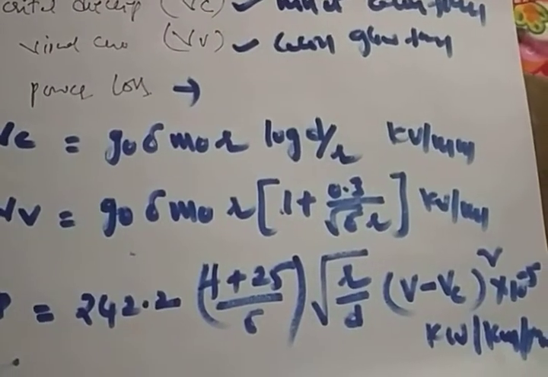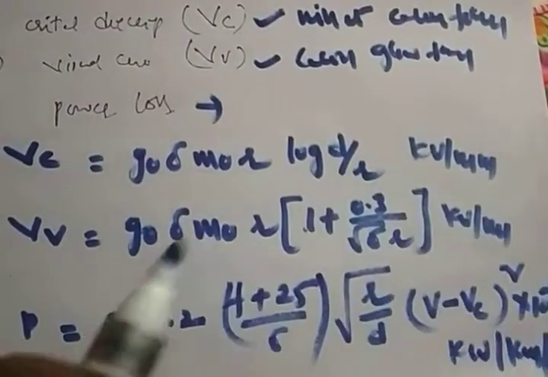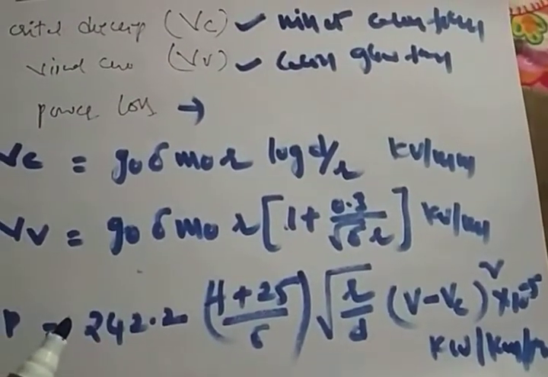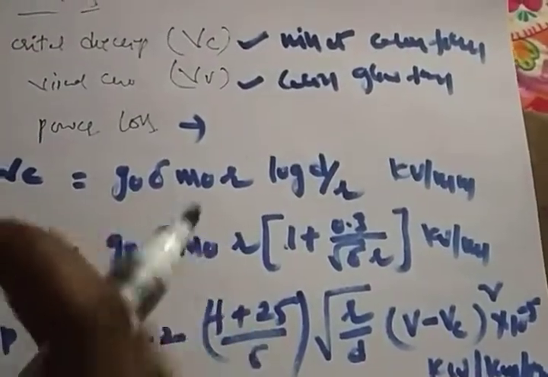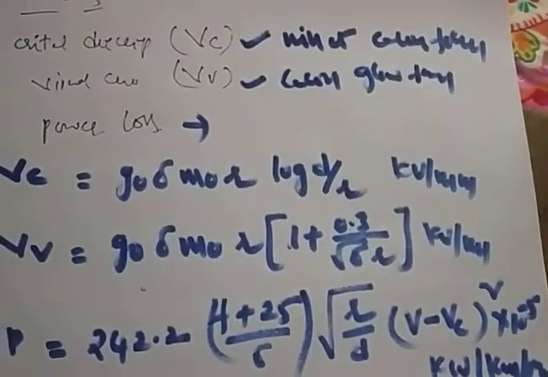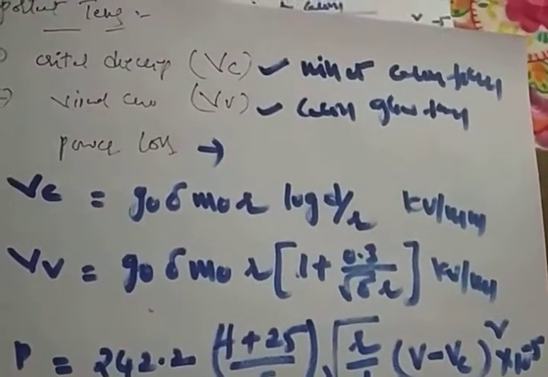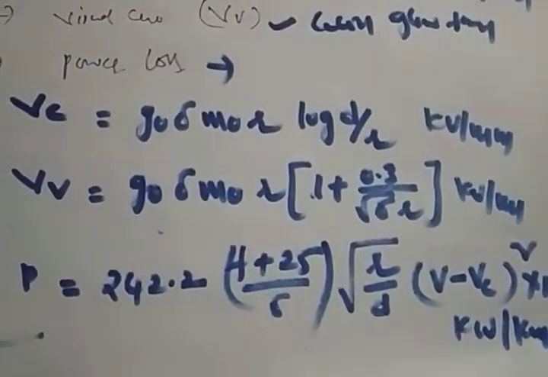Those are important theory questions that we expect in our end exams. Till now we discussed what a corona is, the phenomenon of corona, how the corona forms, and the important terms while defining the corona. Alright, thank you for now.